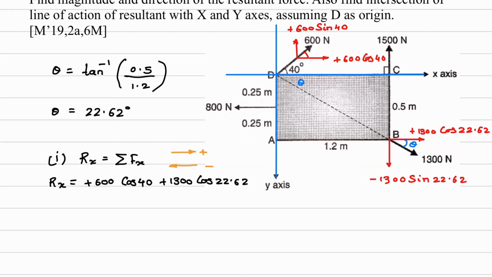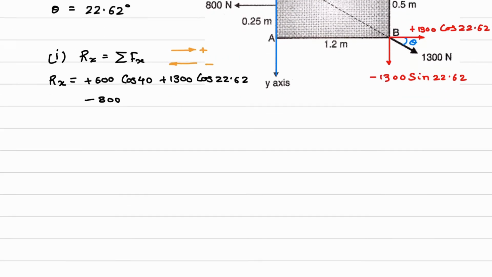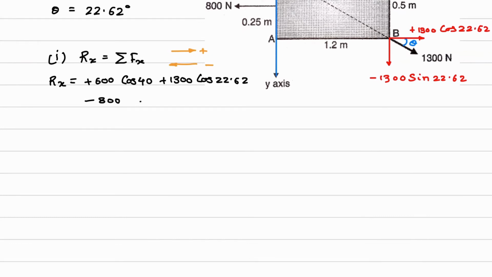Next x component, this you can see 800, it is towards left, so it will be minus 800. So from here we'll get Rx value. Rx is 859.63 Newton. Now this answer is positive, so direction of Rx, it will be towards right.